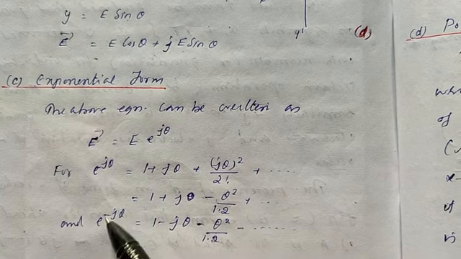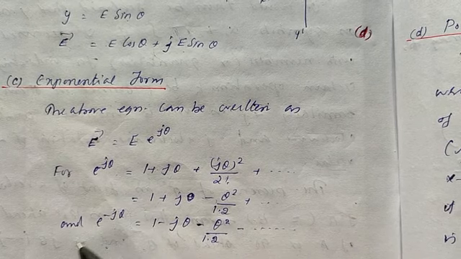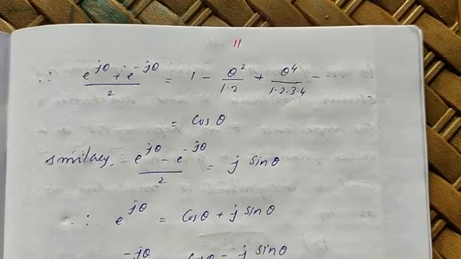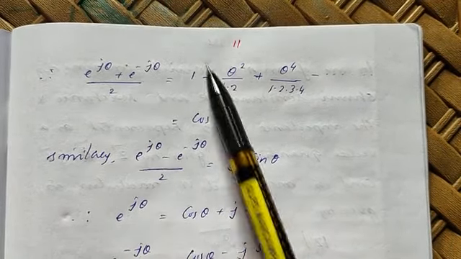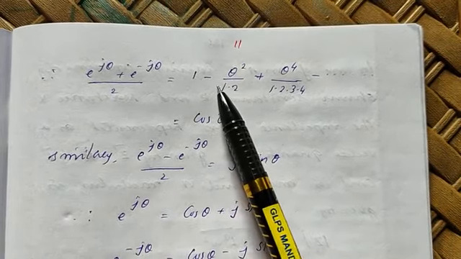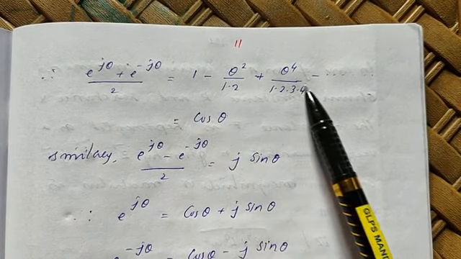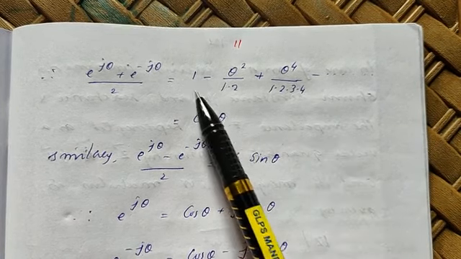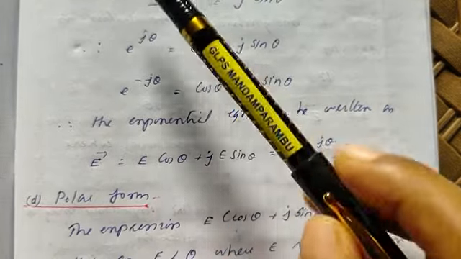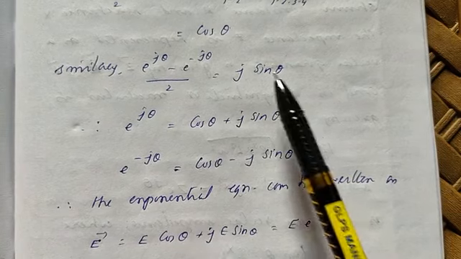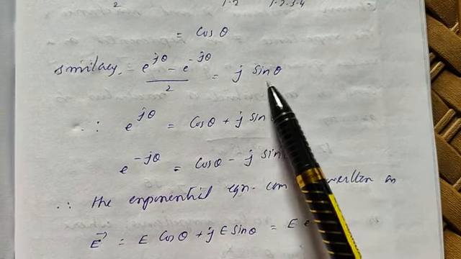Now if we add these two and divide by 2, we will get the right side like this. Some terms will cancel each other and the remaining terms will be like this. So this is nothing but the series expansion of cos theta. Similarly, if we subtract those two equations and divide by 2, we will get j sin theta.